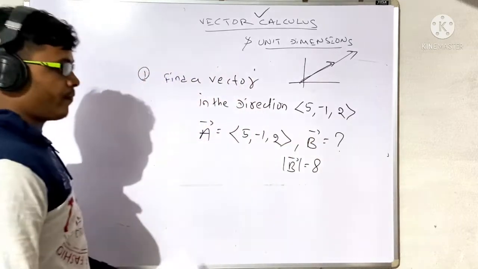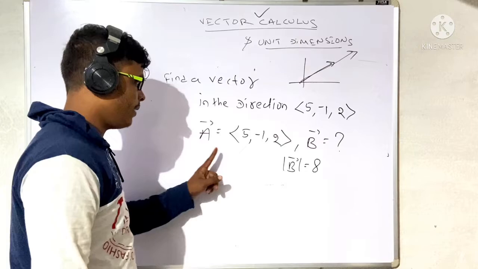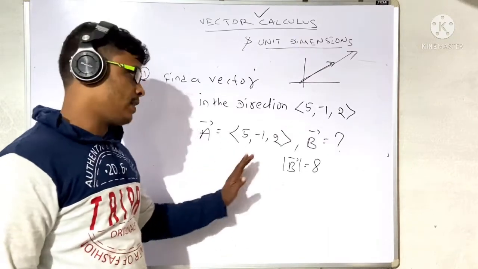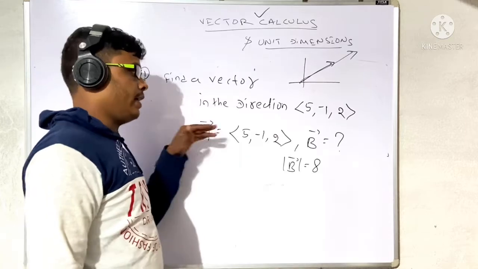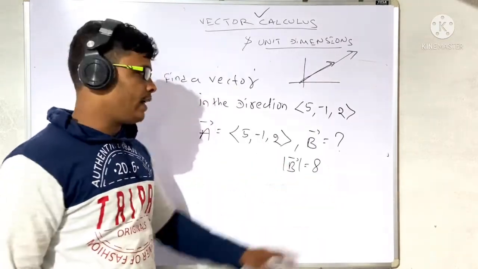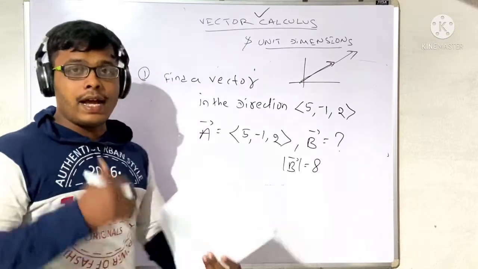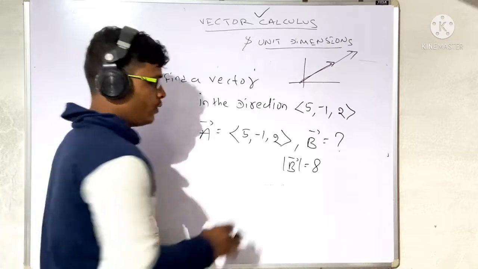So what is given? He has given a vector 5 i cap minus j cap plus 2 k cap. Find another vector in the same direction which has magnitude 8.